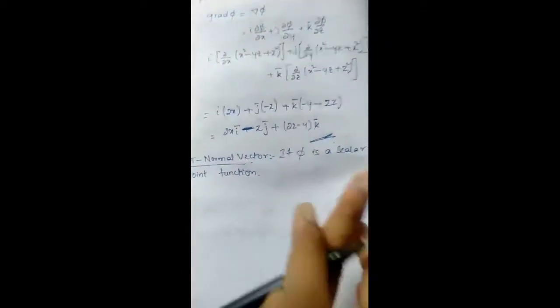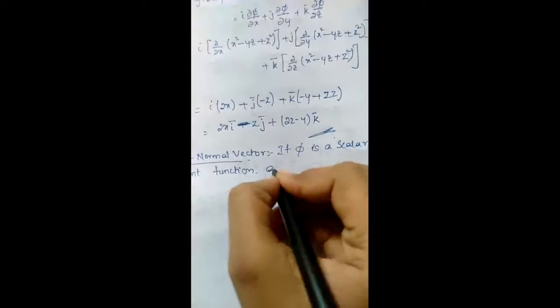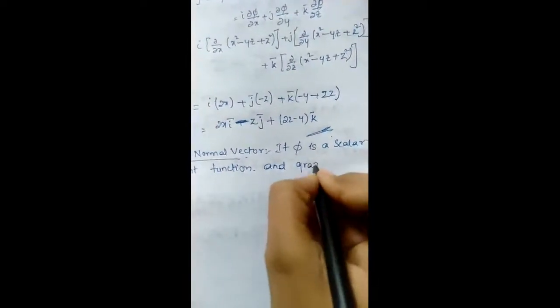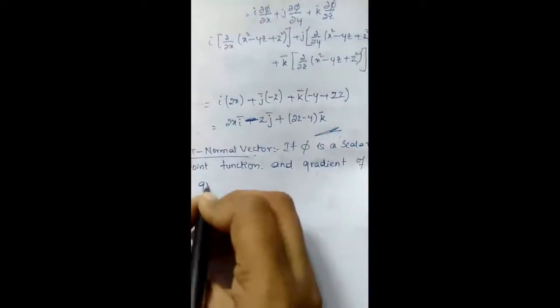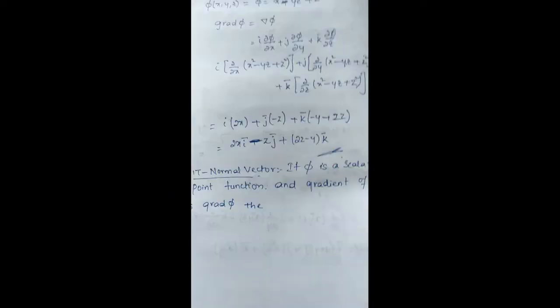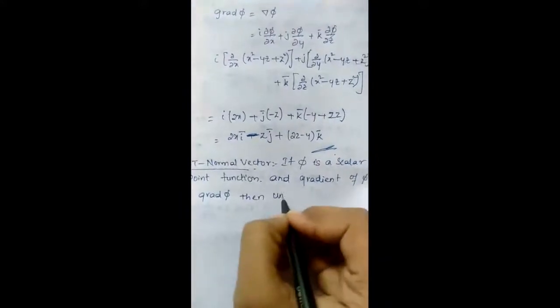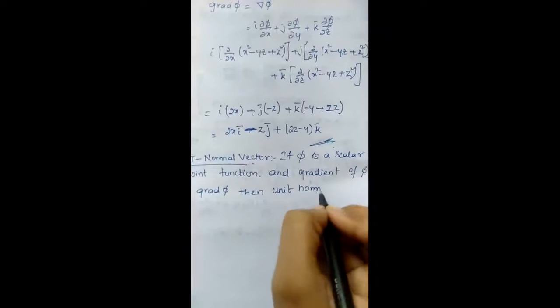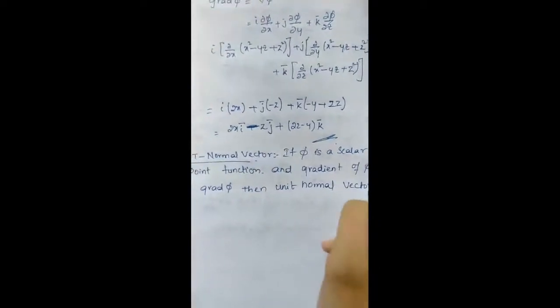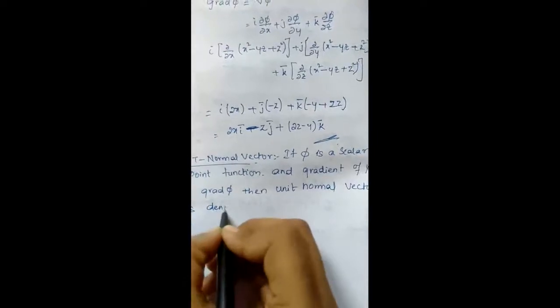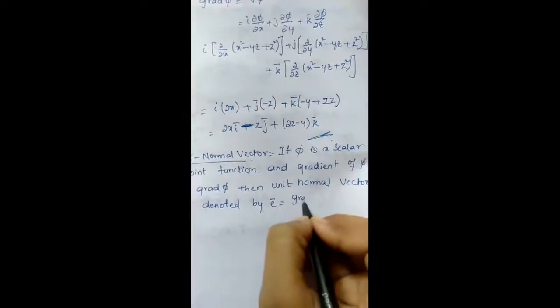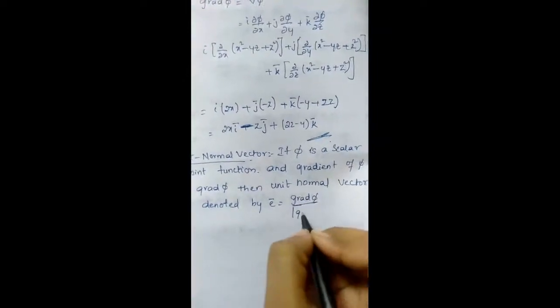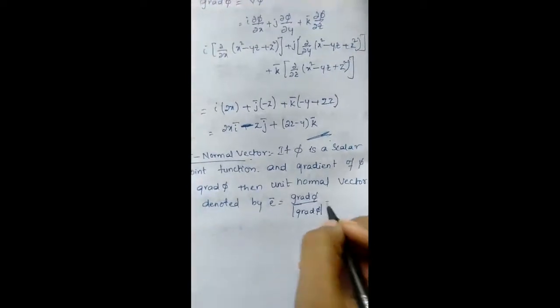If phi is a scalar point function and its gradient is grad phi, then the unit normal vector is denoted by e, equal to grad phi by modulus of grad phi.